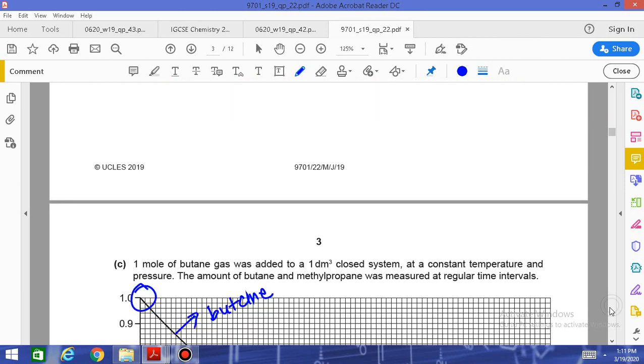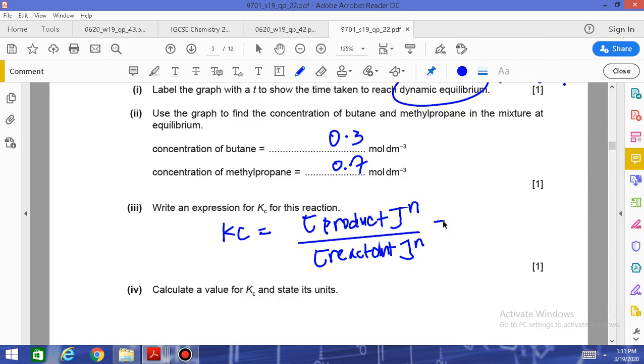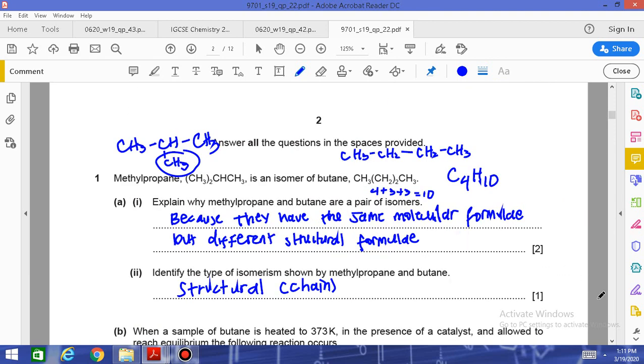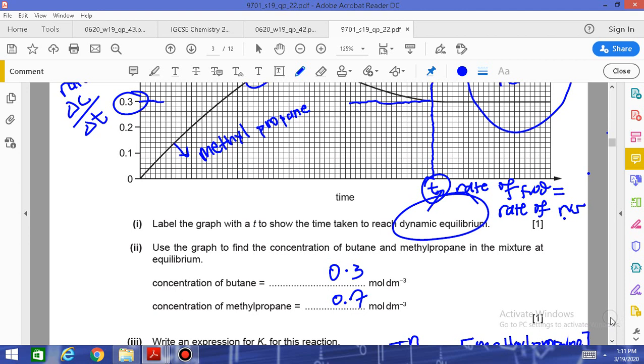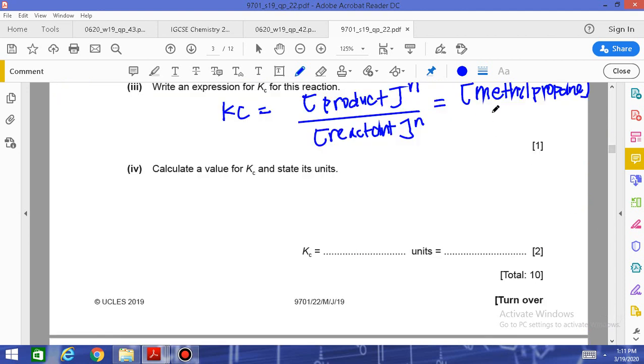So the concentration of product, the product is methyl propane, divided by the concentration of reactant.